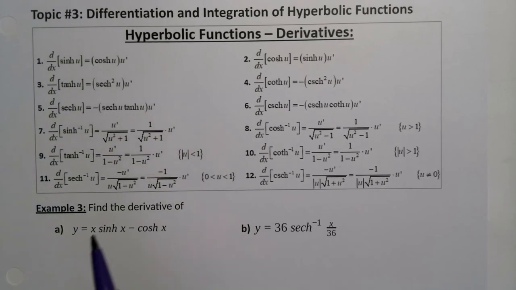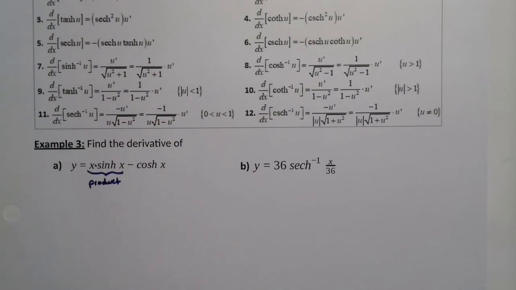All right, so for the derivative of x sinh x minus cosh x, the product property, quotient property, all those properties still hold. So you can see for this particular piece, that's x times the sinh of x. So that's going to need the product property of derivatives.